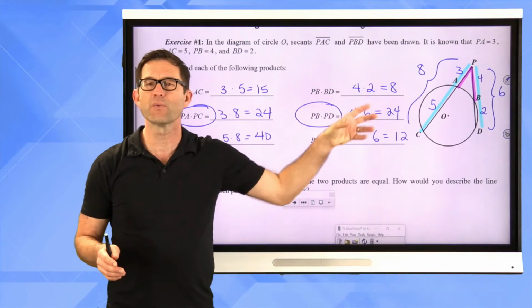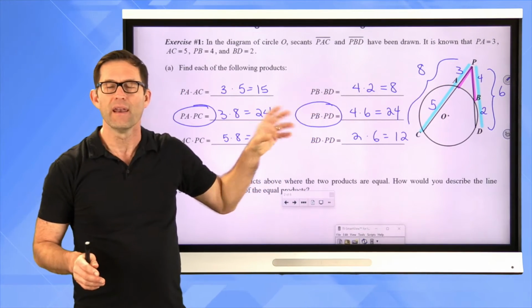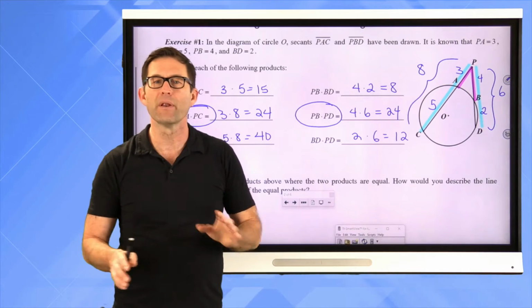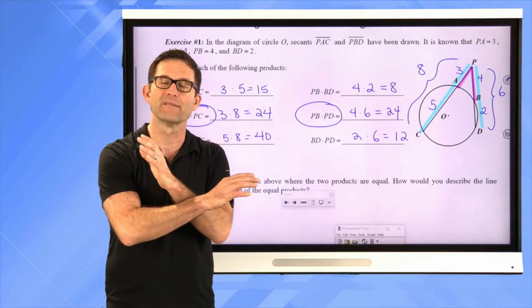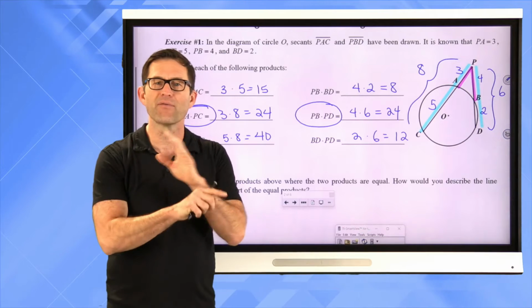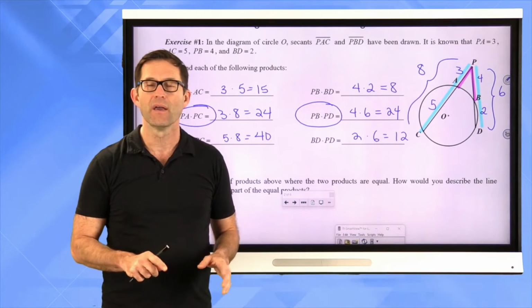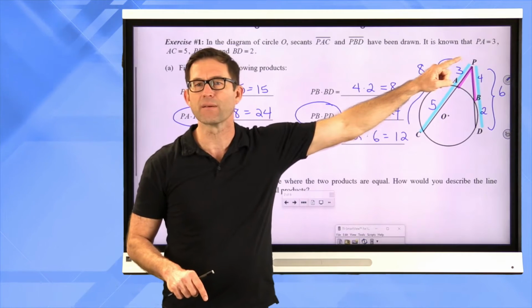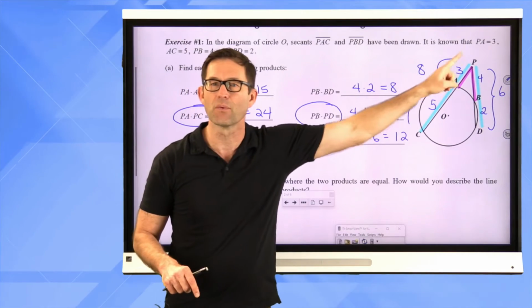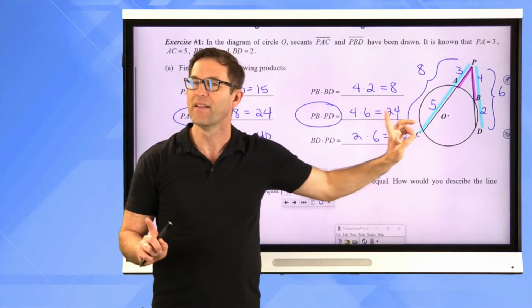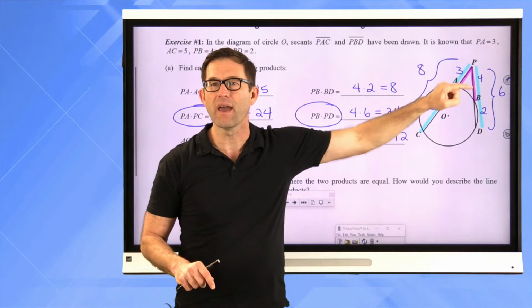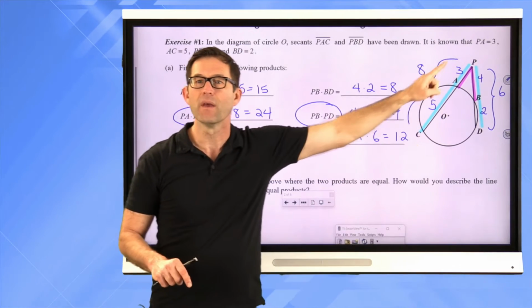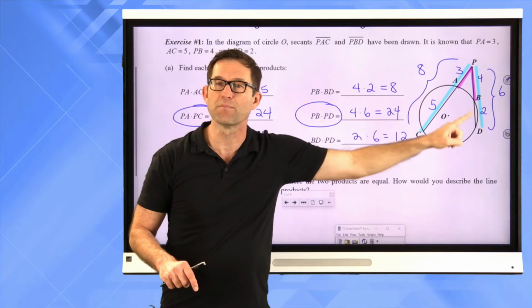There's no other situation where that's happening. By the way, this might remind you of when two chords intersect inside of a circle, where the product of the partitioned segments always stays the same. Except here, that would give us something like PA times AC equals PD times BD. That's not happening. PA times PC is equal to PB times PD.